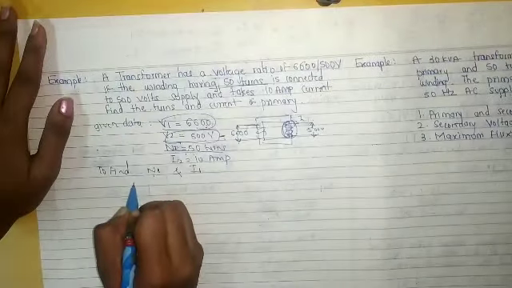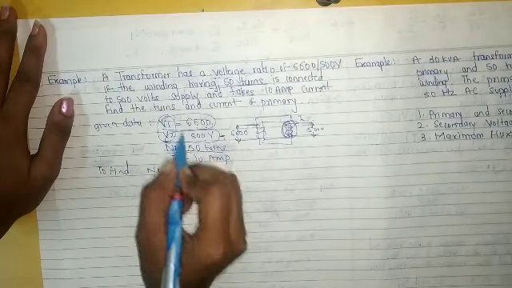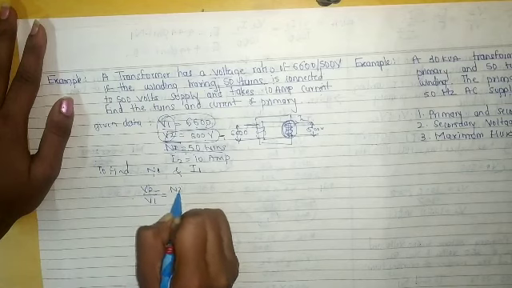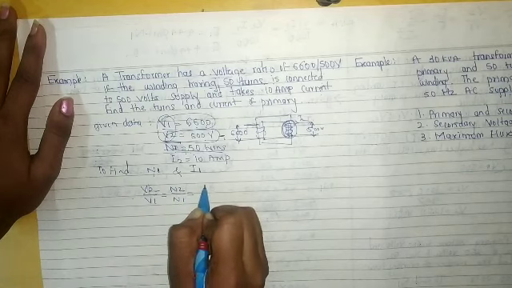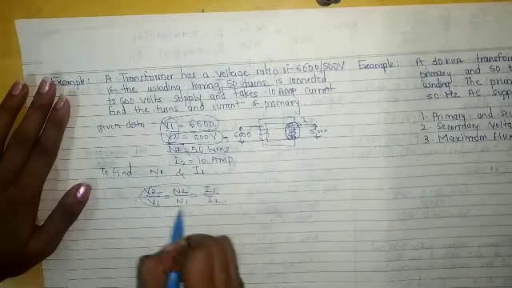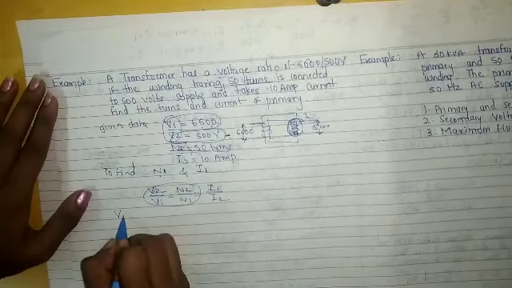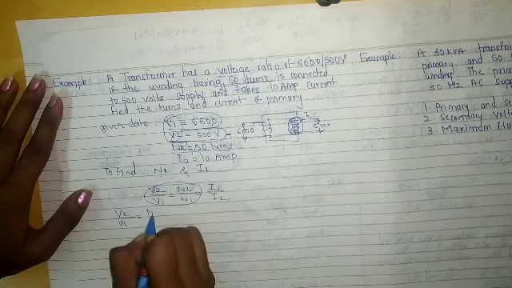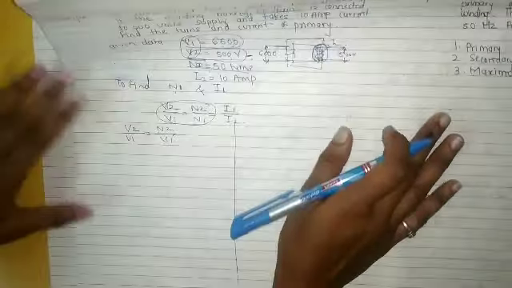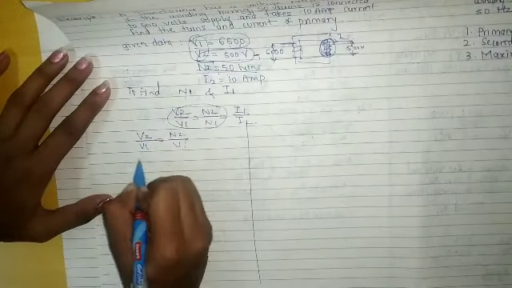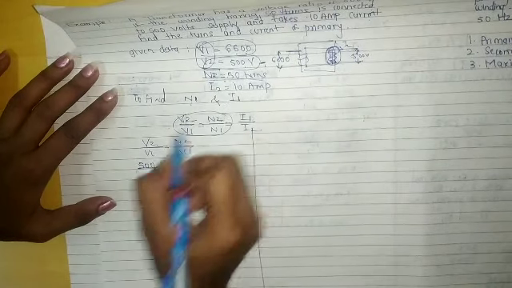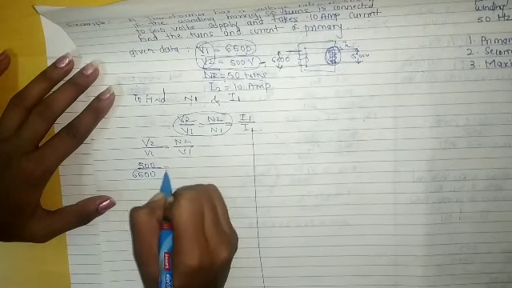Now we know the formula, we know V1 and V2. So V2 divided by V1 is equal to N2 divided by N1 is equal to I1 divided by I2. First we'll find the number of turns. V2 divided by V1 is equal to N2 divided by N1, right? Now we'll substitute the values. V2 is 500, divided by V1, 6600.